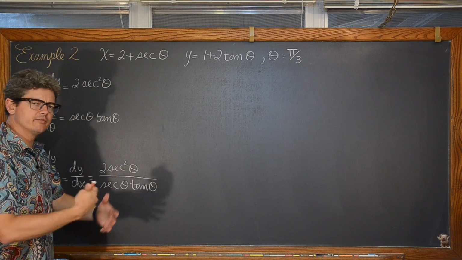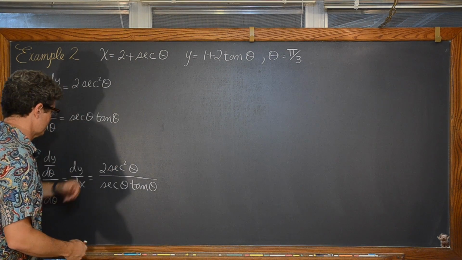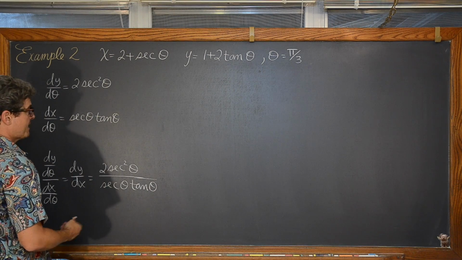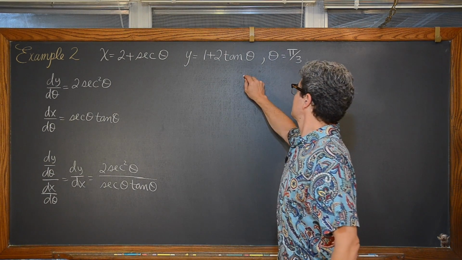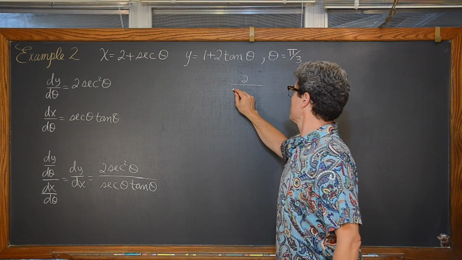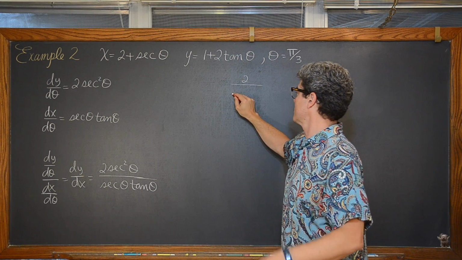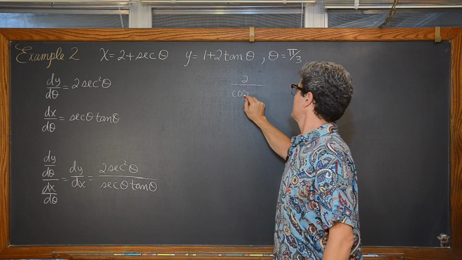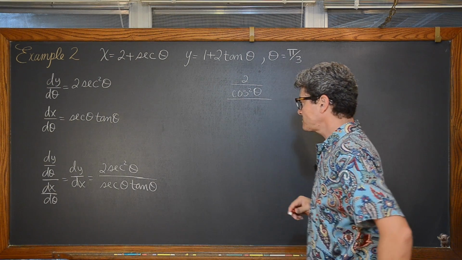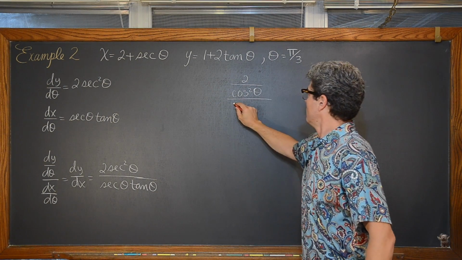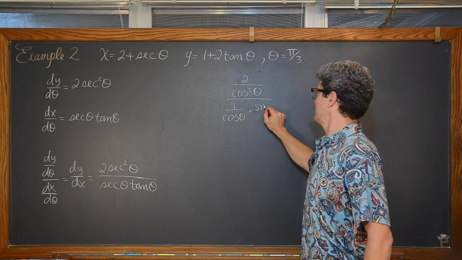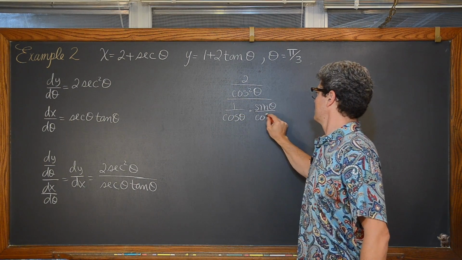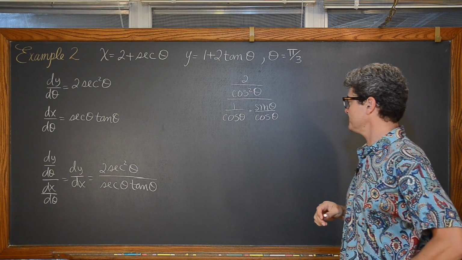And we need to move into the second derivative, so I want to simplify this. I'll just write it over here and then erase it. We have 2 over, secant, of course, is the reciprocal of cosine, so we have 2 over cosine squared theta over 1 over cosine theta times sine theta over cosine theta.